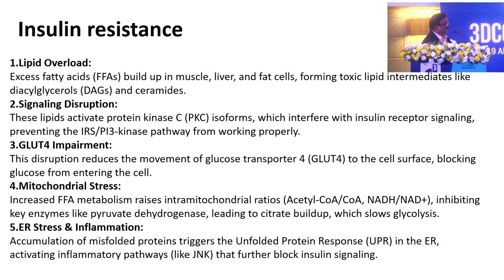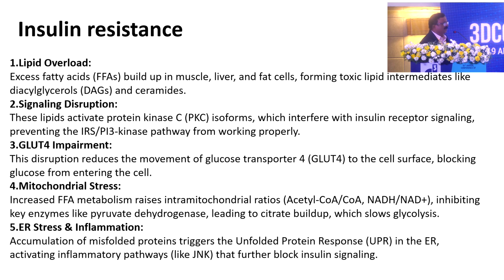FFA raises the mitochondrial ratios of acetyl-CoA to CoA and NADH to NAD+, inhibiting key enzymes like pyruvate dehydrogenase, leading to citrate buildup, which slows glycolysis.